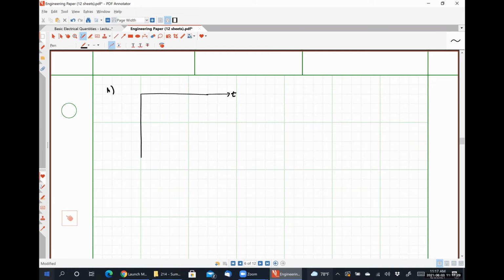Here is time. Here is I_A of t measured in milliamps. Our time is measured in milliseconds. And our waveform looks something like this.